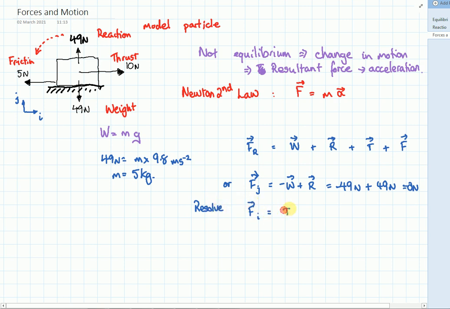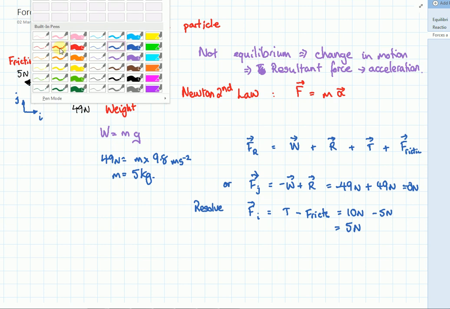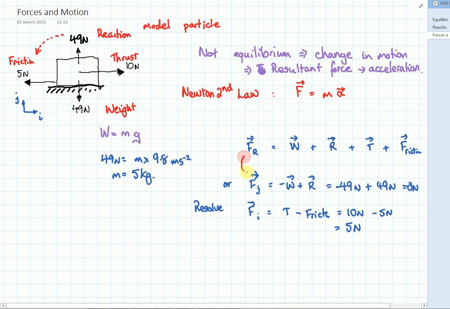we have thrust minus friction. So thrust minus friction is 10 newtons minus 5 newtons, which is 5 newtons overall. The vector version above, our resulting force has an i and a j component.